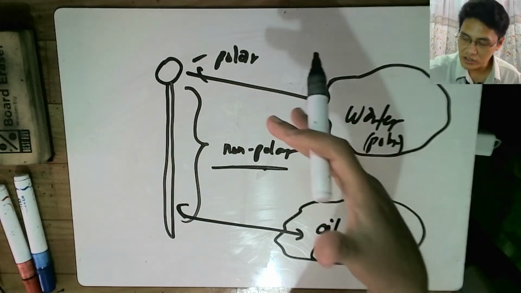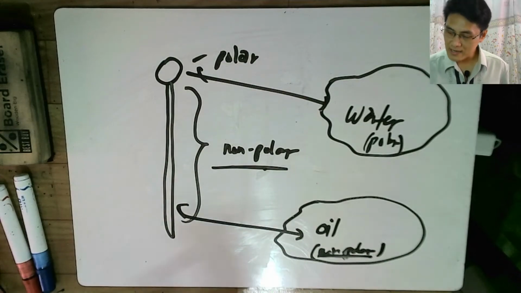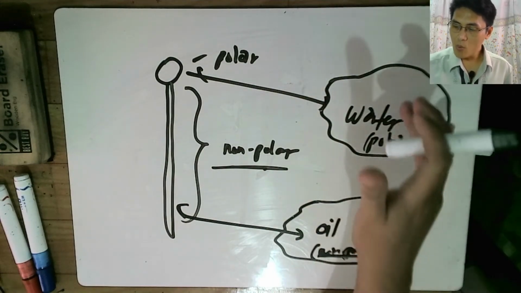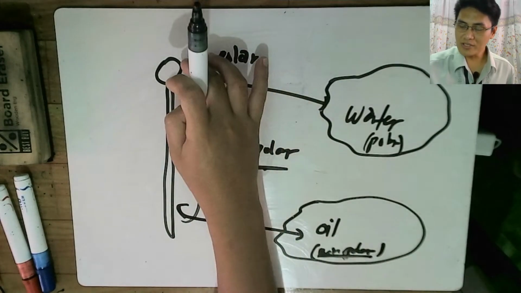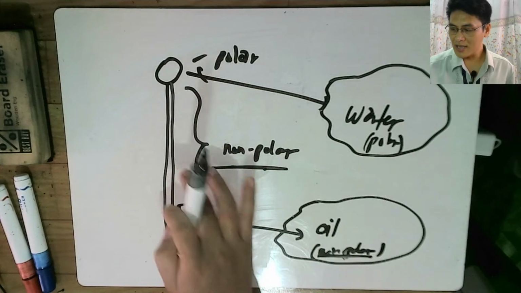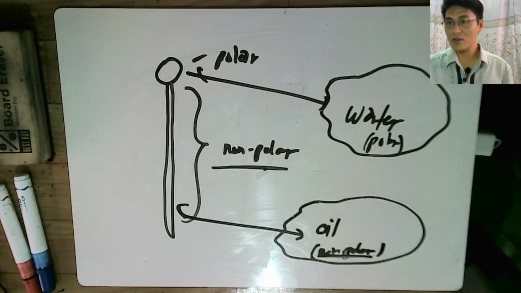So when you wash, after you have applied soap to your skin, the water would wash away the head, but the head is connected to the tail, and the tail is now attracting the oil, so it will wash away even the oil on your skin.